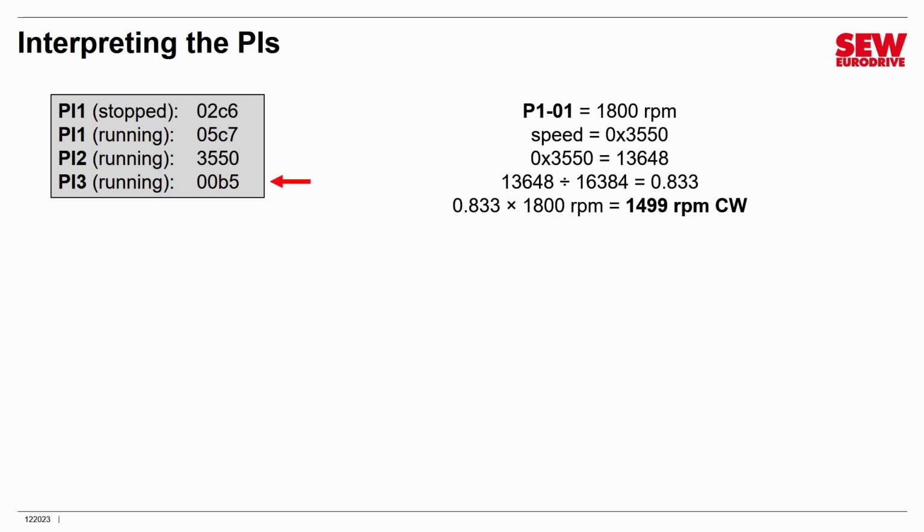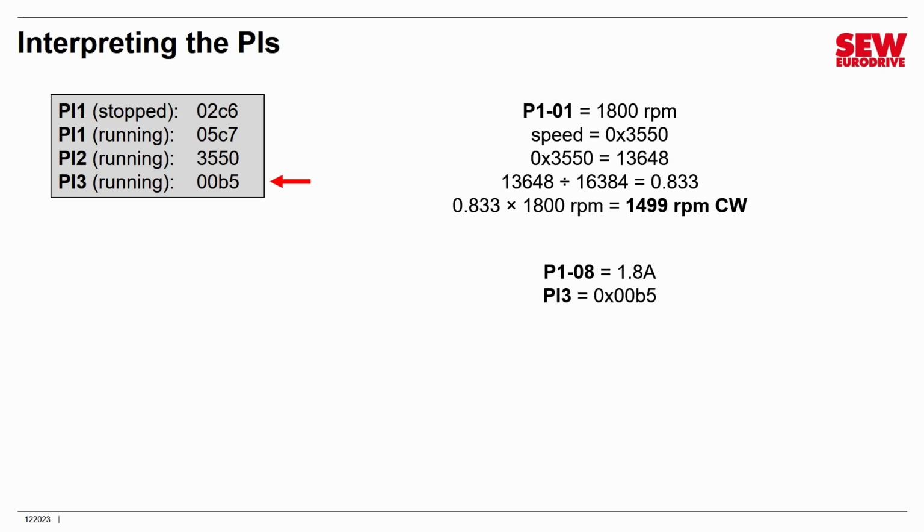PI3 is the amount of current the motor is drawing, and again, this is going to change too as the motor accelerates and decelerates, but in my case, it was a steady state value. So I captured that, and we need to turn it into amperes. Now we need to look at our P1-08 value in the VFD, which is set to 1.8 amps. That's the motor's nominal current rating.